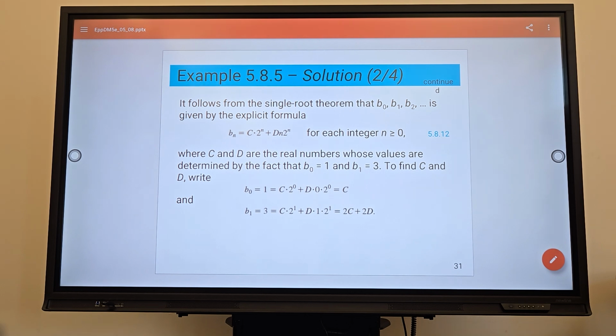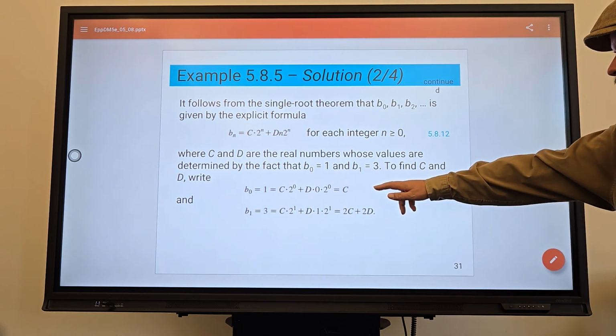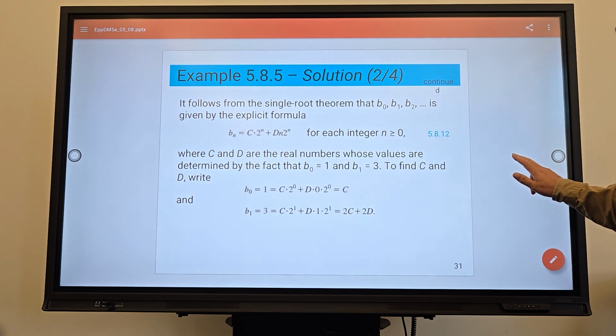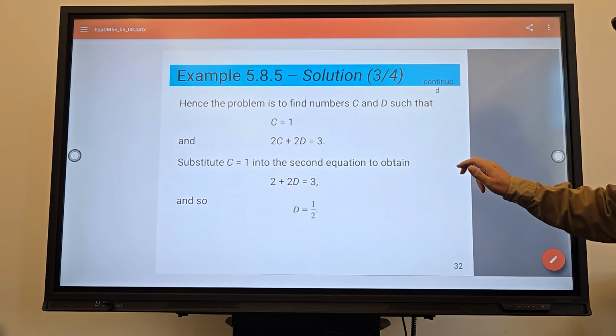To find c and d, you write it out this way, where c equals 1 and 3 equals 2c plus 2d.